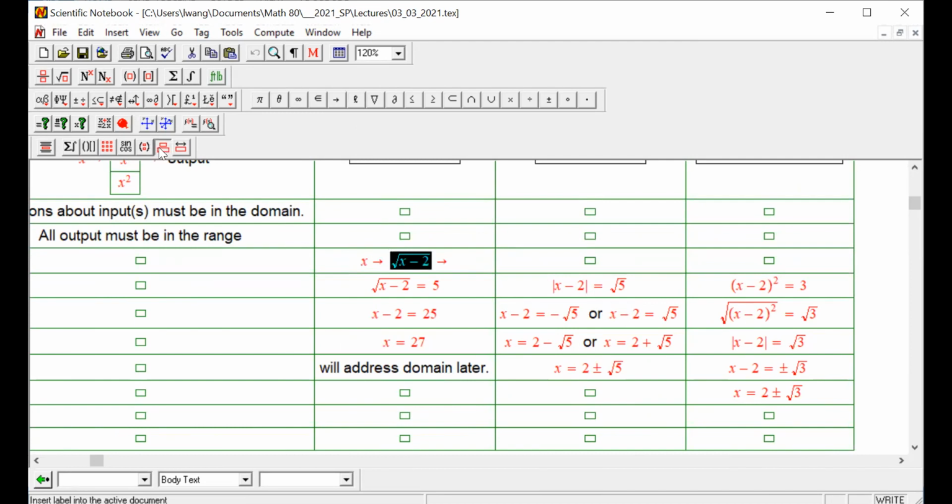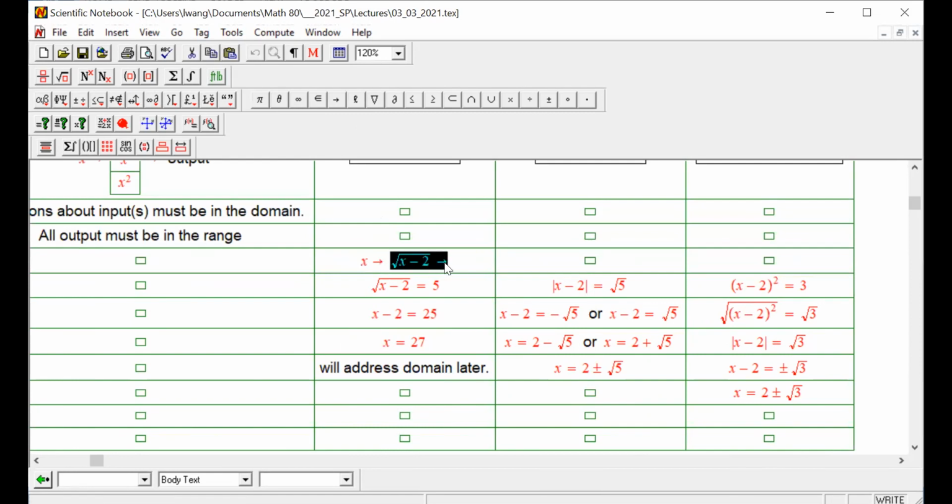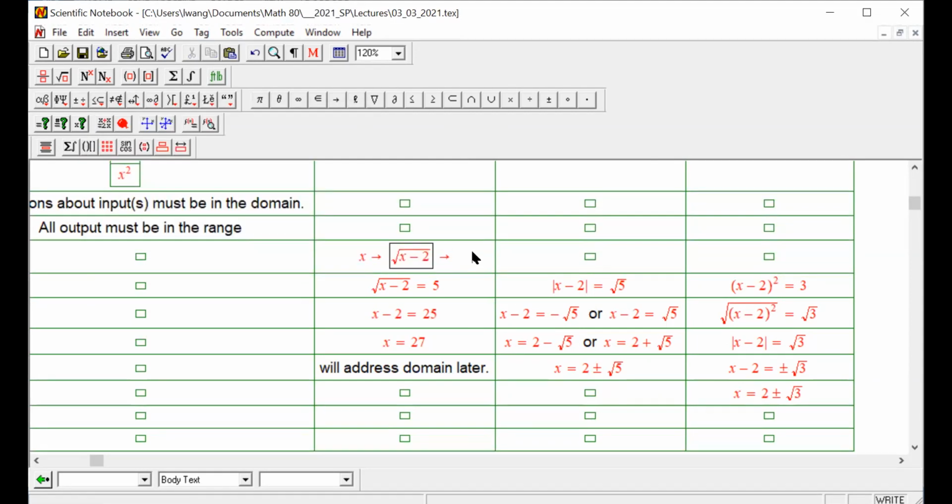And it will have a new domain. The output is, of course, root of x minus 2. You can see there's a slight change of the rule: I take the input, I subtract 2 before I take the square root.